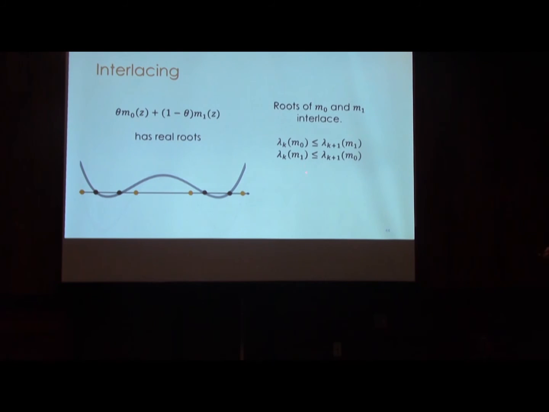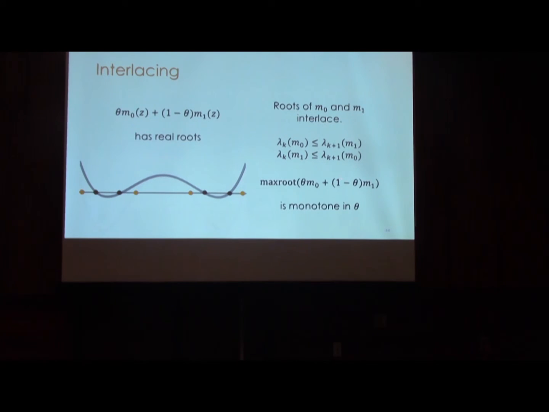What do I mean by that? I mean the kth root of each one is bounded by the k plus first root of the other one. So these two roots would be above these two roots, would be above these two roots, would be above these two roots. Is the definition clear?